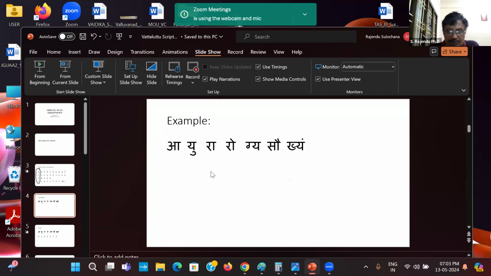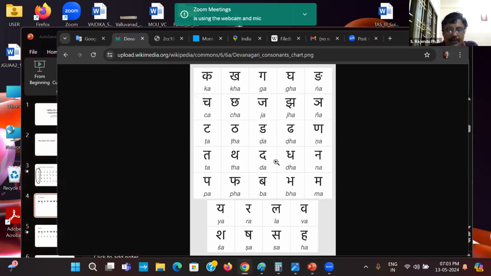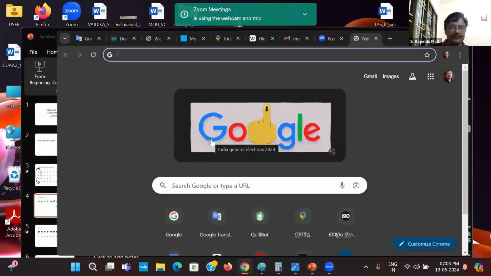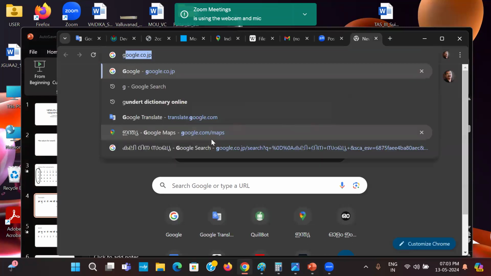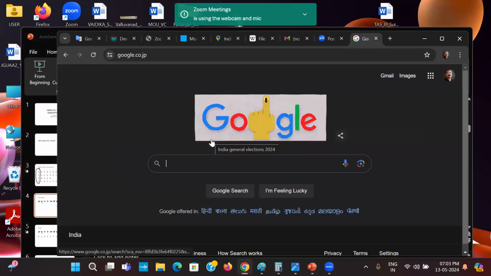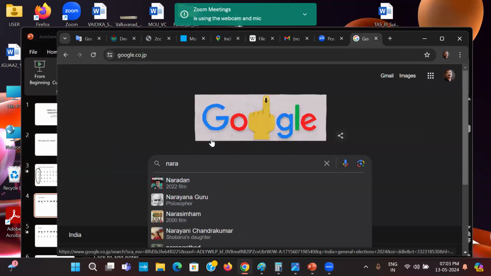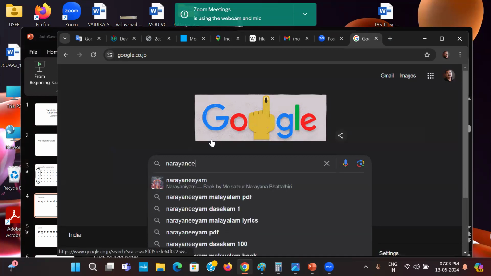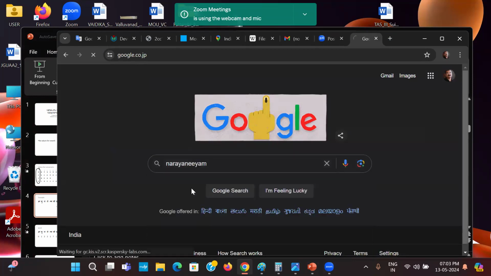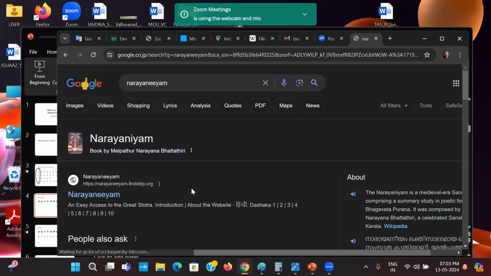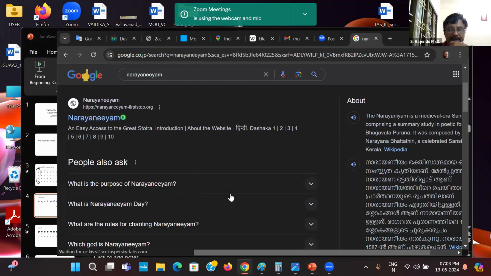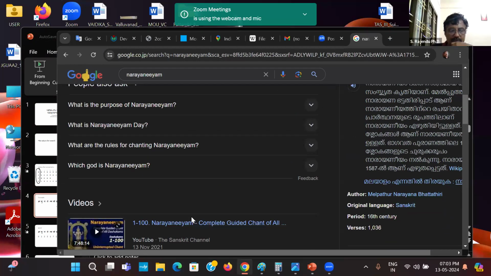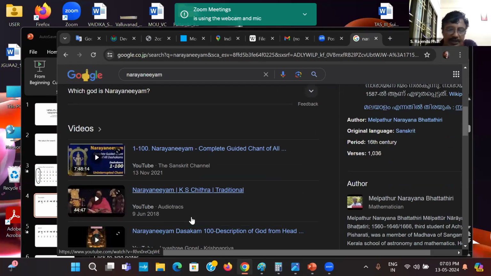Then we can try this one. This Katapayadi is used in the well-known poem Narayaniyam.